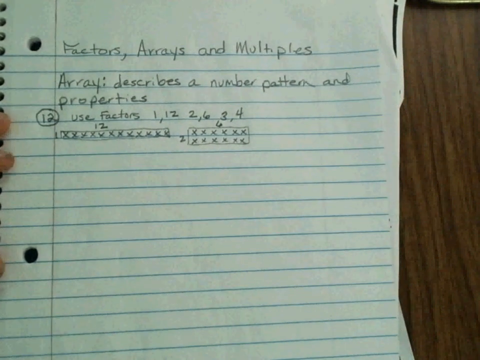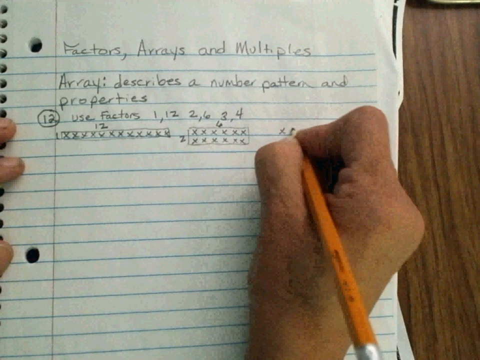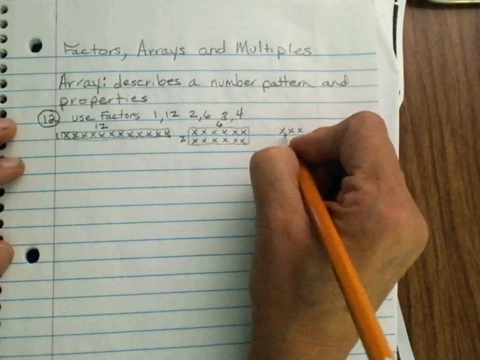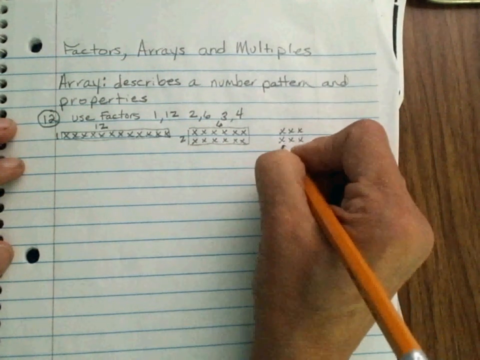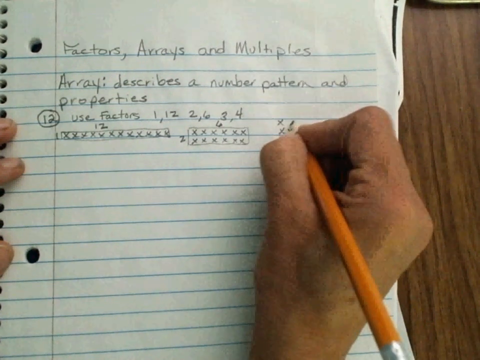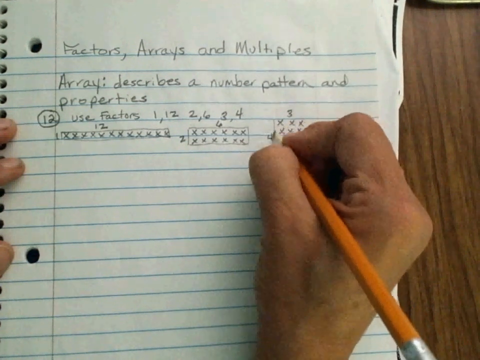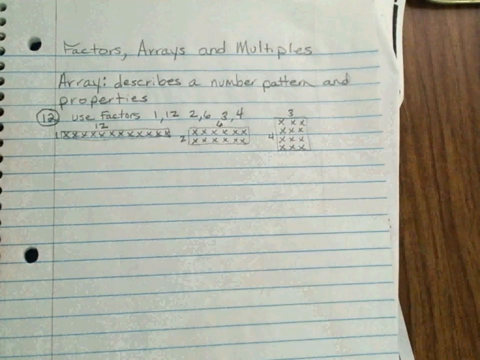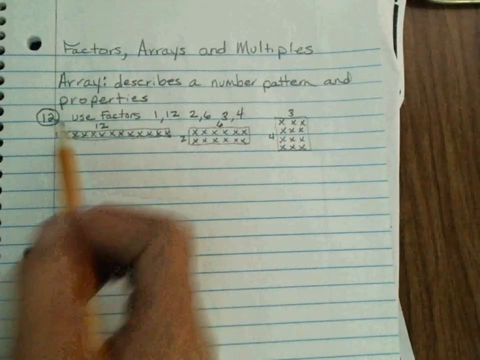And then the last array for 12 is going to be 3 groups of 4. 3 times 4. 1, 2, 3. 1, 2, 3. 1, 2, 3. 1, 2, 3. So we have 3 times 4. Okay, so these are arrays for the number 12.